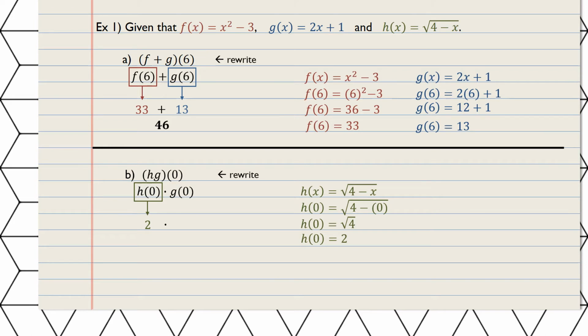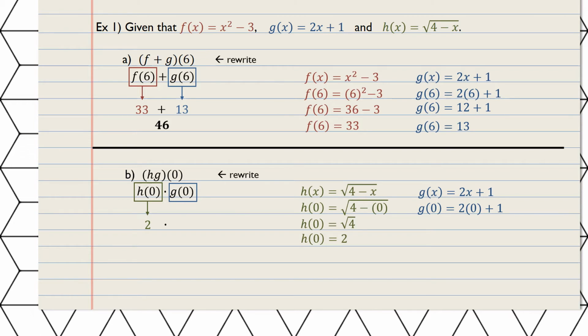Now we must keep the same operation, which in this case is multiplication. And we move to the next function. We see g of 0. So carefully go back and find what is the g function. The g function is 2x plus 1. So every time we see x, we plug in a value of 0 and follow GEMS.